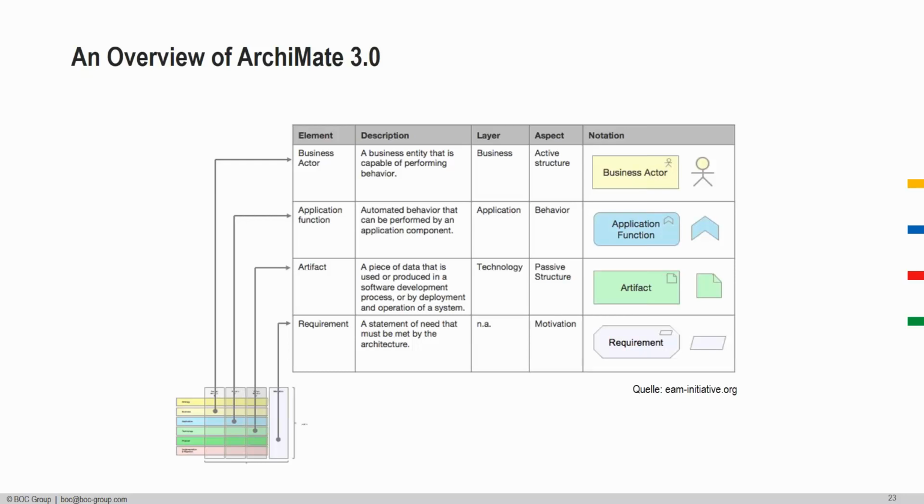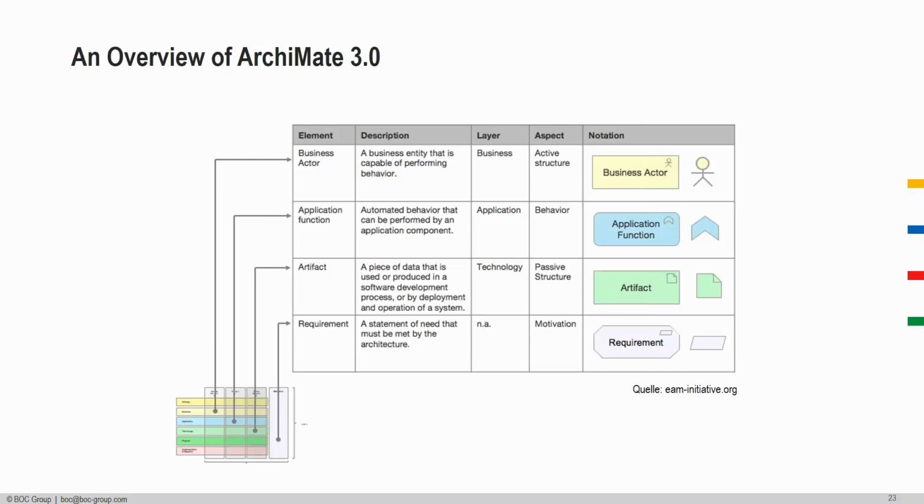So, for example, you can see here with the motivation elements, so elements that belong to the motivation aspect are depicted using boxes with diagonal corners, and they're colored light purple, like the requirement element there on the slide.